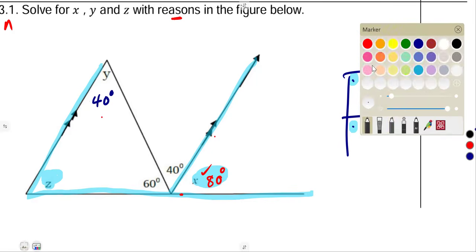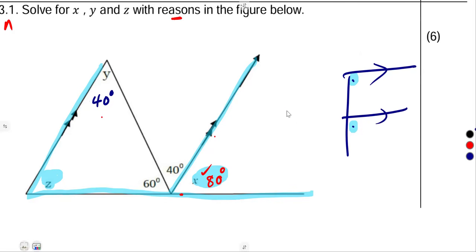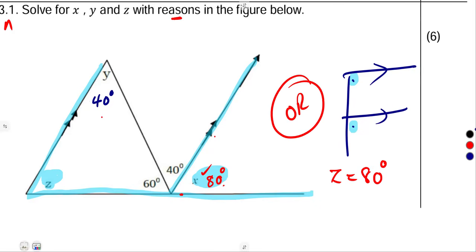So z, another way was going to be from corresponding angles. Z is equal to 80 degrees. All right, z is equal to 80 degrees from corresponding angles. That's another way that we could have used as we are given those parallel lines.